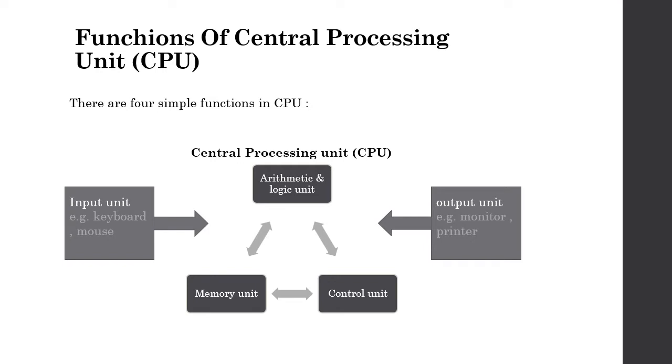And the last function in the CPU is that it stores the processed data in the memory unit. So these are the four steps of function that happen in a processing unit.